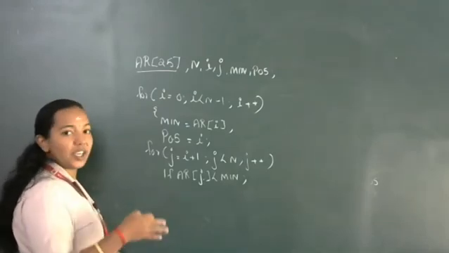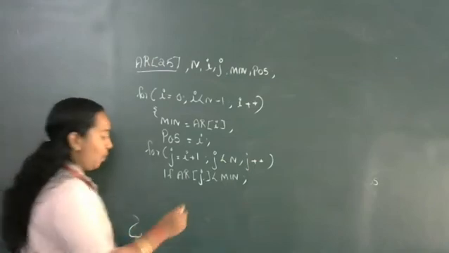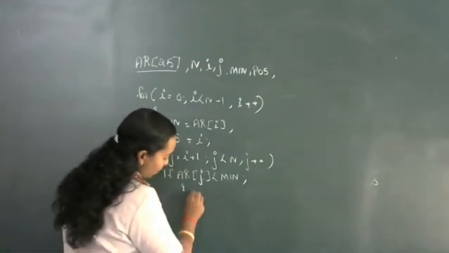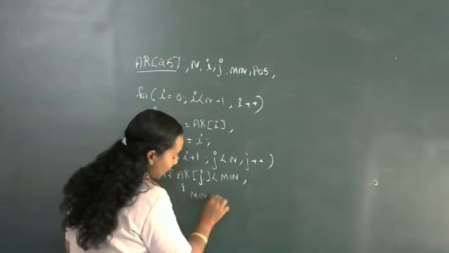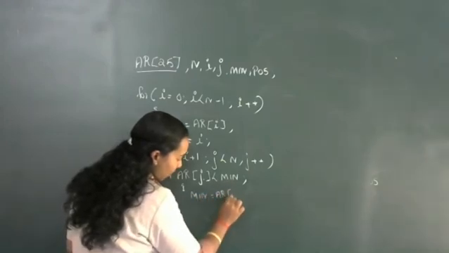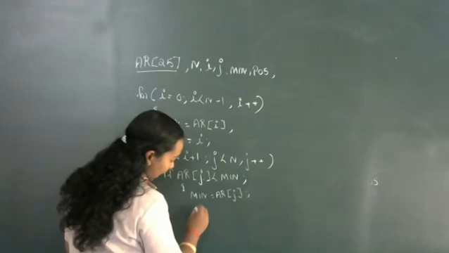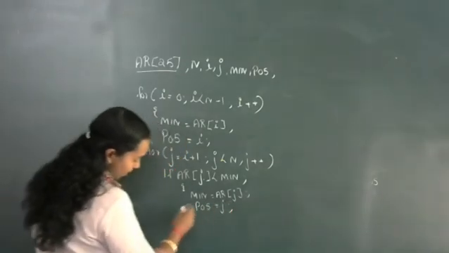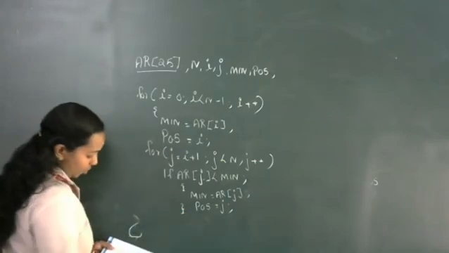We change the values of min and position. So you write: min is equal to AR of j and POS is equal to j. Then close the bracket.